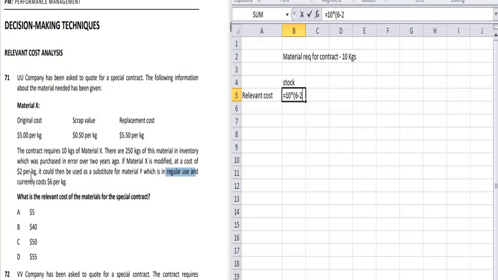We need to deduct this amount, so only 4 is our relevant cost, which is higher than the disposal value. Original cost is a sunk cost, it won't be relevant.